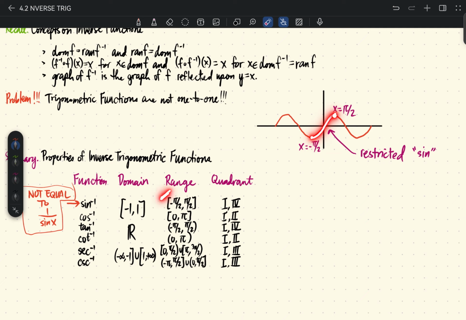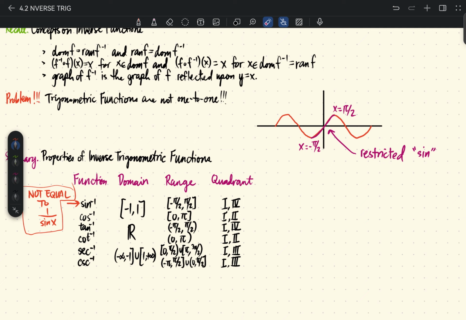For cosine inverse, they chose 0 to pi, including the endpoints. For tangent and cotangent, they chose the one that is quite similar to sine inverse and cosine inverse. The difference is they did not include the endpoints, since if you will include the endpoints, you will obtain an undefined expression.